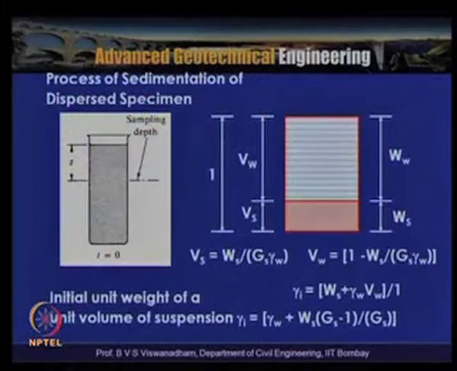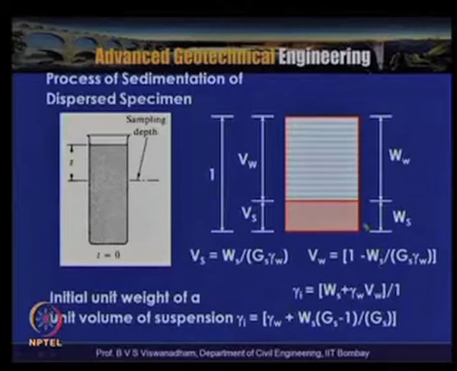At time t equal to 0, you have a suspension, and if you have a sampling depth z from the top surface of the suspension, it can be written in the form of a phase diagram as shown here, with total volume 1, volume of the solids and volume of water, with the weight of water on one side and weight of solids on the other. So, the volume of solids is nothing but Ws divided by Gs gamma W, and the volume of water is nothing but 1 minus Vs. Substituting here, you will get the volume of water equal to 1 minus Ws by Gs gamma W.